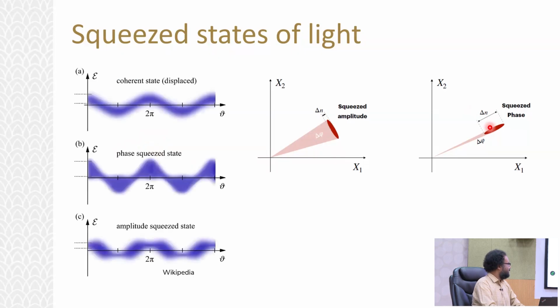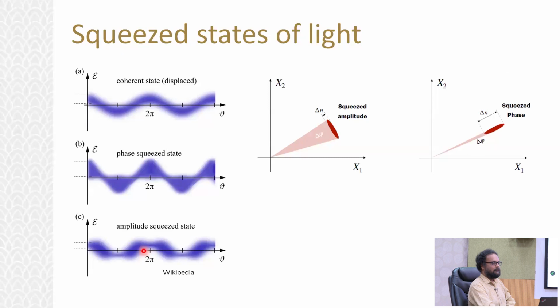Okay, this is something I took from Wikipedia literally, and here you can see how in a coherent state the electromagnetic wave is going to look like this. A phase squeezed state will look like this, where there is huge uncertainty in the amplitude of the field, whereas if I have an amplitude squeezed state, there's a huge uncertainty in the phase.